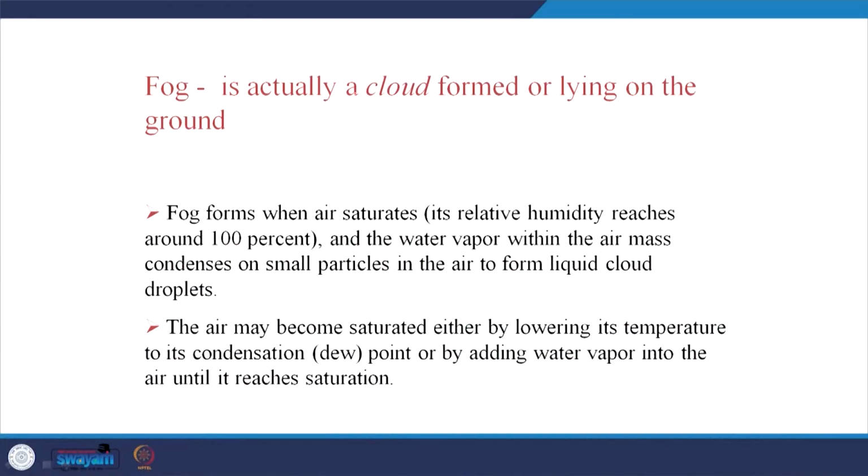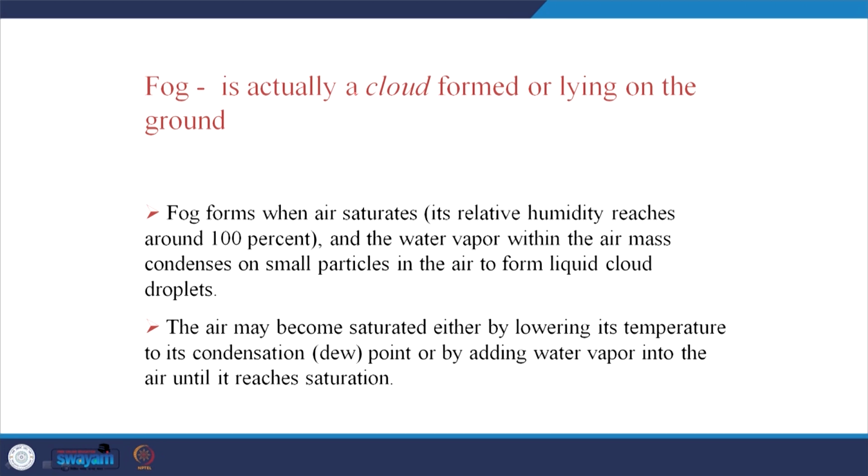Fog generally forms when air saturates, when its relative humidity reaches nearly 100%, and the water vapor within the air mass condenses on small particles in the air to form cloud droplets. So, the water vapor condenses on the small particles and results in the formation of cloud droplets.